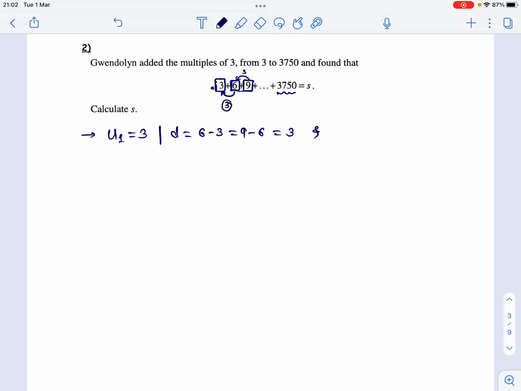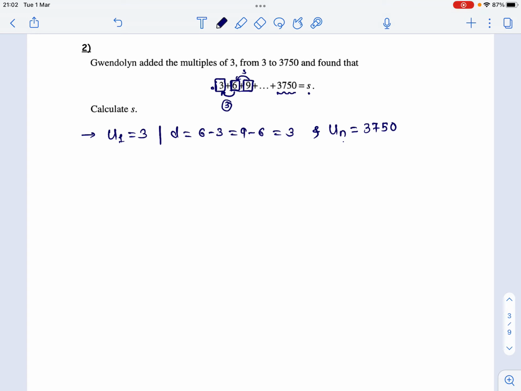So we will write that this number is unknown. So again we will use the nth term as 3750. Unless we know n, we cannot use any formula, either first or second. So we need to know which number of term is 3750.